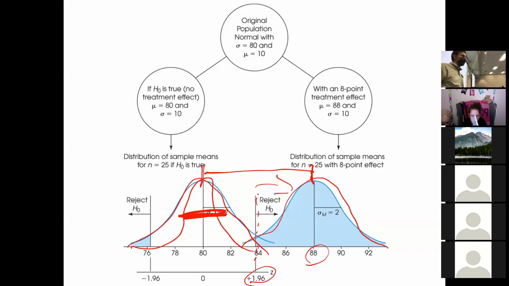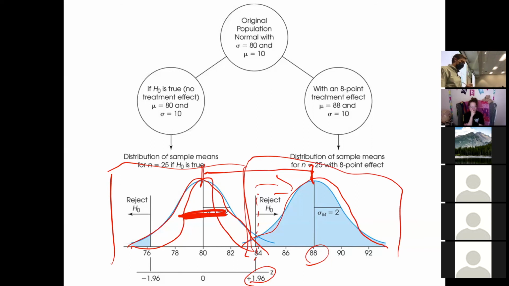You said go over this again? So all this is saying is you have your population distribution over here. You have your sample distribution over here on the right-hand side, right?